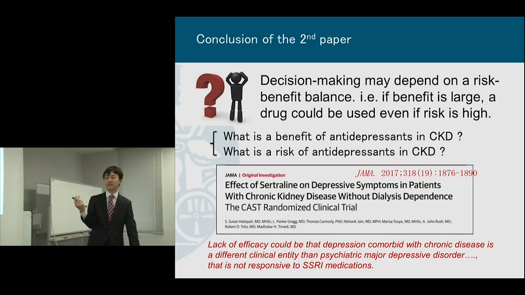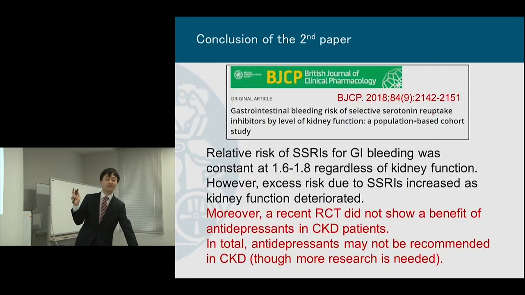And the risk is increasing in patients with lower kidney function. So in terms of benefit-risk balance, both are worse in patients with lower kidney function. So my conclusion was that a recent RCT didn't show any benefit. In total, antidepressants may not be recommended in CKD in terms of both risk and benefit balance. Although, I should say, more research is always needed.